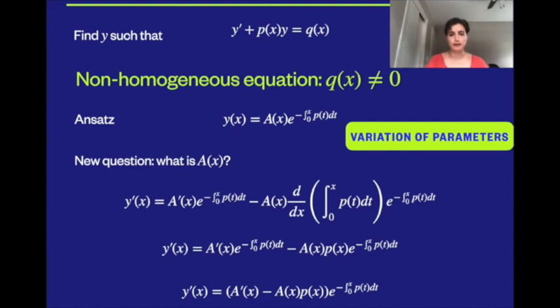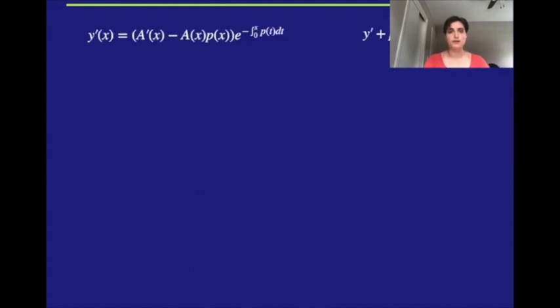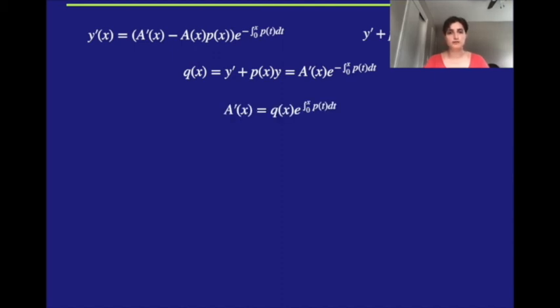We want to plug it in the first equation. We first simplify it a little bit. The exponential is always the same, so we can take it out of the parentheses. We know y prime, computed depending on our ansatz. We remember our ODE. We plug things in, and you notice that things simplify quite a bit. We have a prime equal a function of x.